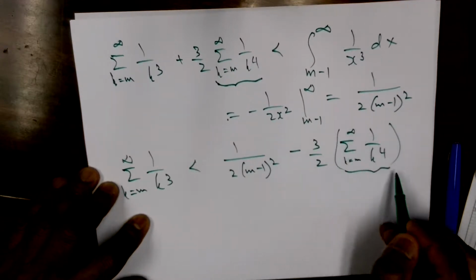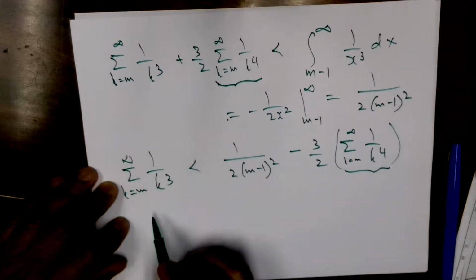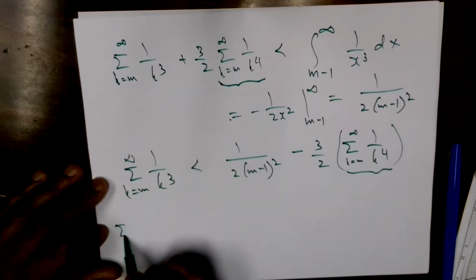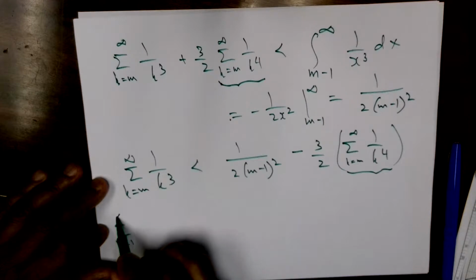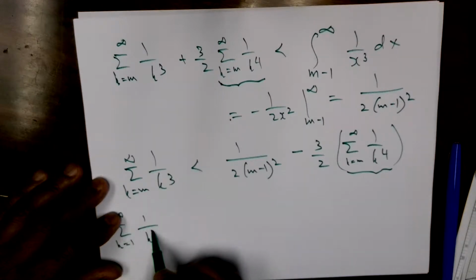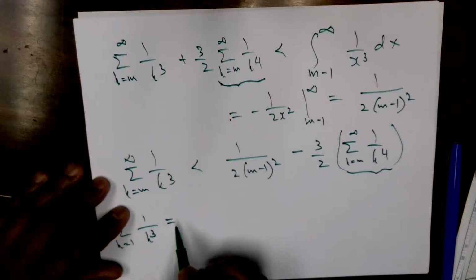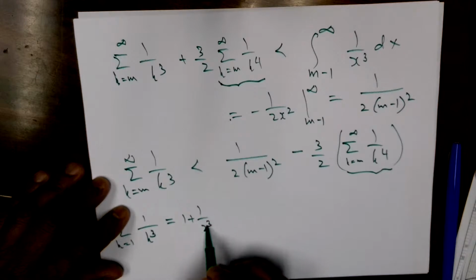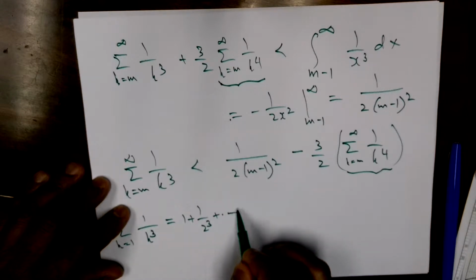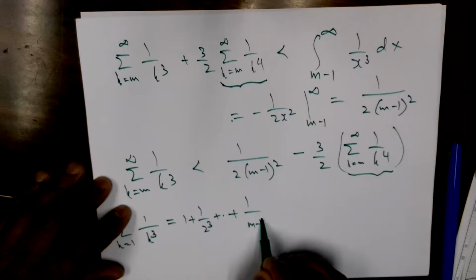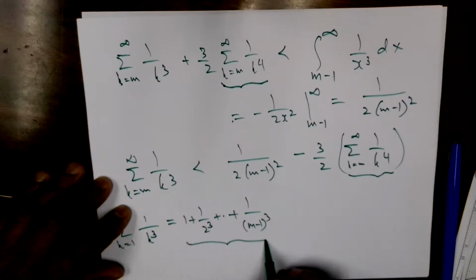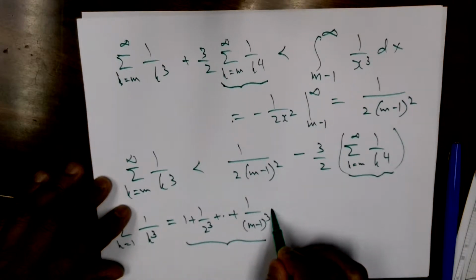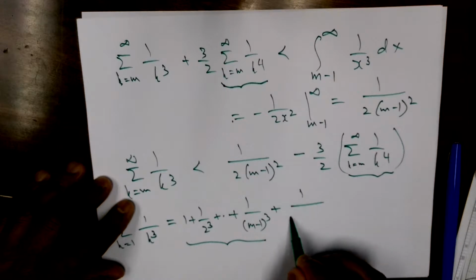But this is related to pi^4 over 90, so I'm going to write this up. So what we are interested in is actually the sum from k equal to 1 through infinity of 1 over k cubed. So that's going to be 1 plus, you just add up those terms on this side, up to (M minus 1) cubed. This we are going to do by hand for any M, plus 1, that's my approach.